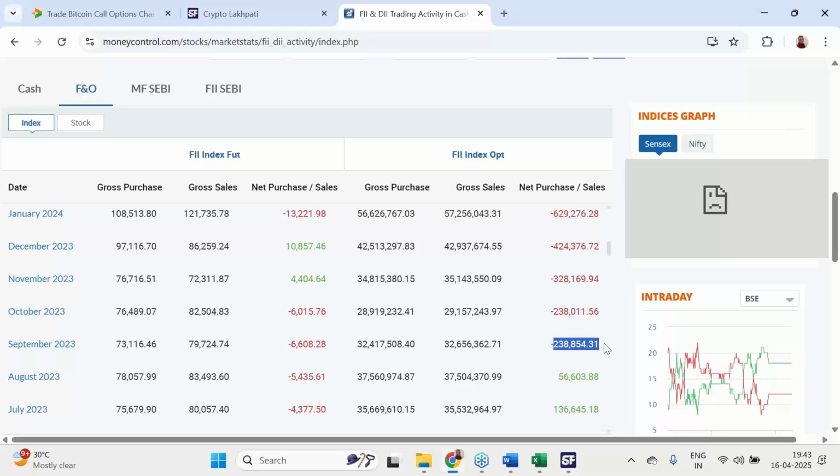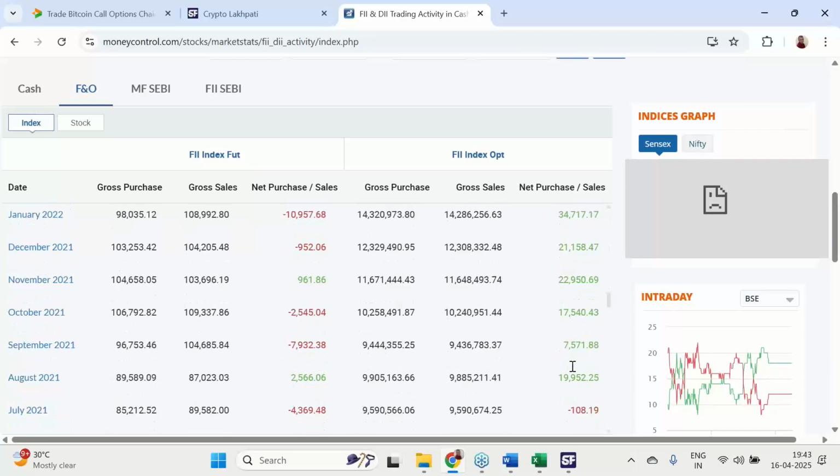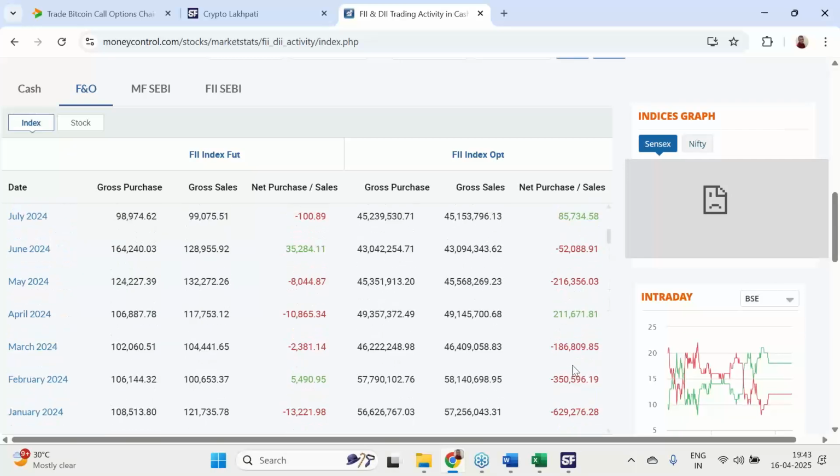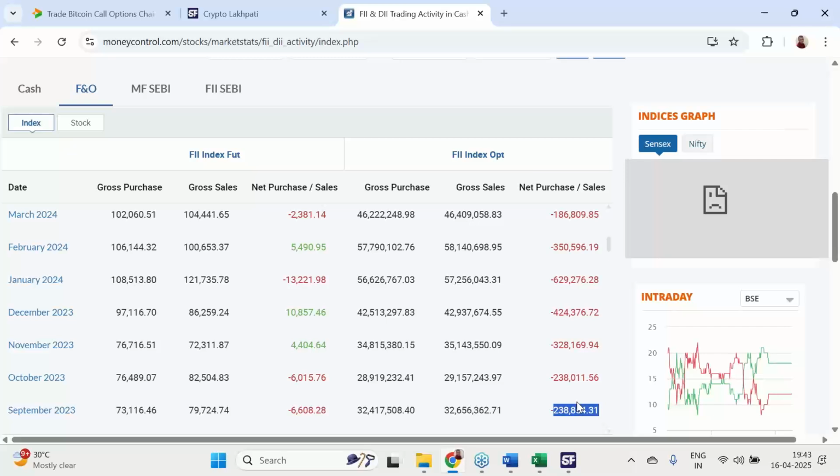See the values, 2,38,000 crore till September 2023. Before that, to get 1 lakh crore itself was very rare. But what is the magic that happened in our economy? Suddenly from September 2023, this has gone to 2.38, 3 lakhs, 6 lakh crore.